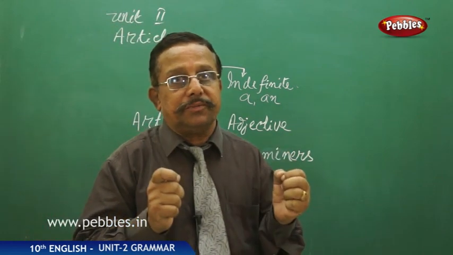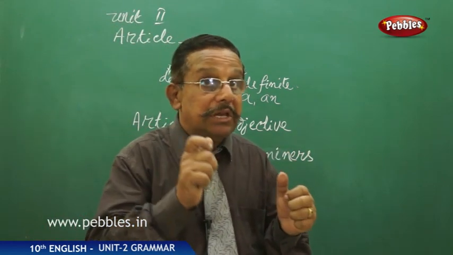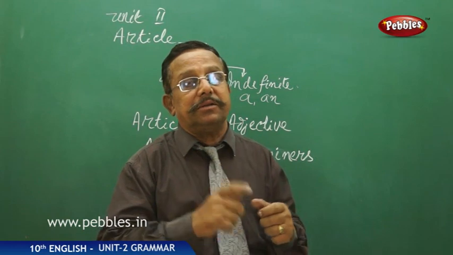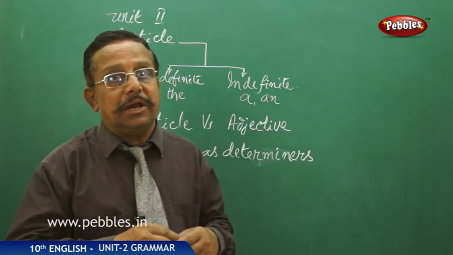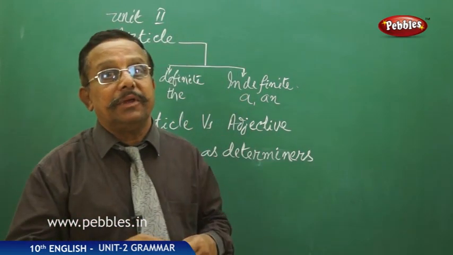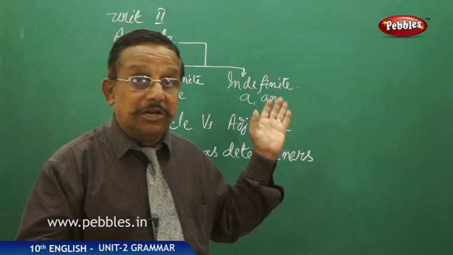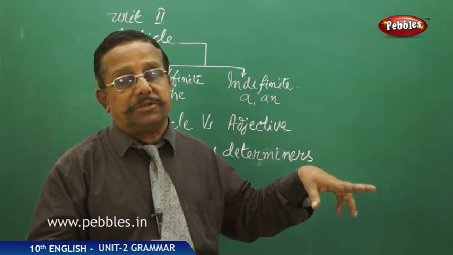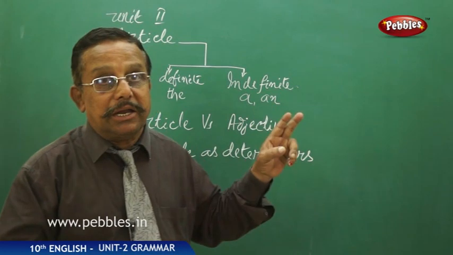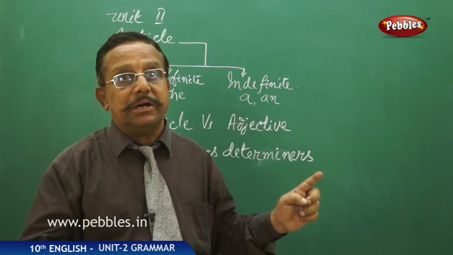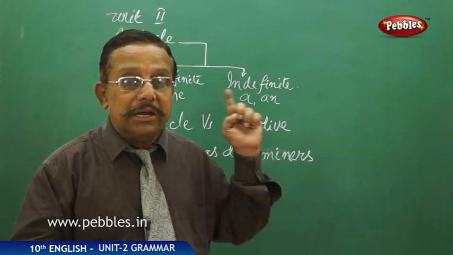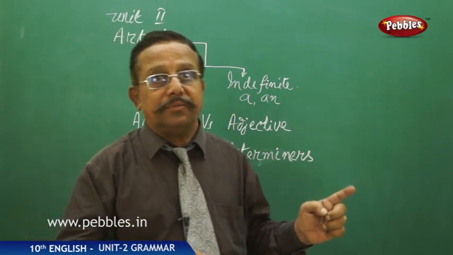It shows. What does it show? It shows the noun. It is a pointer. It demonstrates. It shows it. So, it is a determiner. It determines. So, article is a determiner, a pointer, a demonstrator.